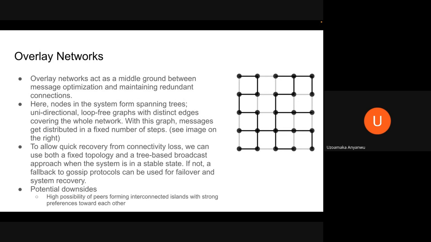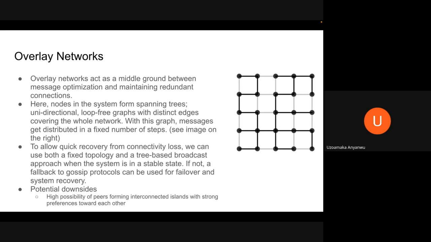They are unidirectional, there is no loop, but these are graphs, so they have these distinct edges. The idea is to get the messages delivered in a fixed number of steps. That's the message optimization part, and also maintain really low redundancy. An optimization here is to allow quick recovery from connectivity loss.